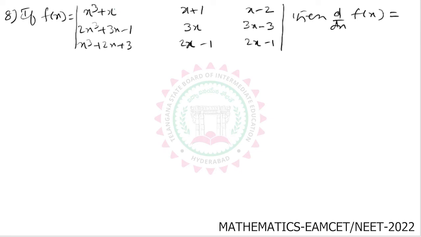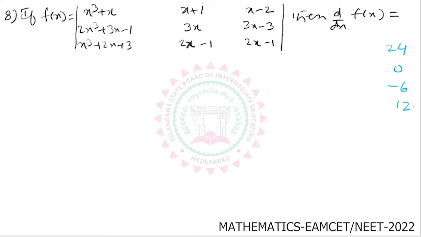So, now options are, first option is 24, second option is 0, third option is minus 6, and the fourth option is 12. Now, you see this is a question of matrices plus derivative.